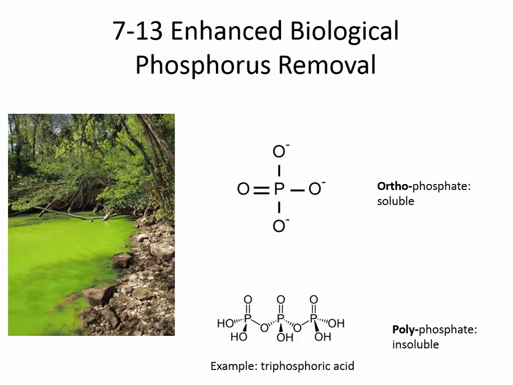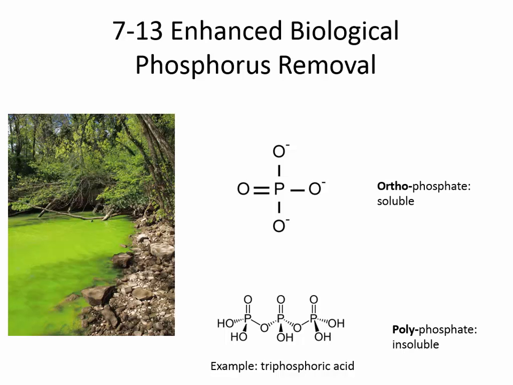That's a little bit more information than maybe you need about ortho and polyphosphate, but it's actually going to come in important because the bacteria that can remove phosphate from water, they are cycling between orthophosphate and polyphosphate. And so what you need to remember is which one is the one that's soluble in water and which one precipitates.